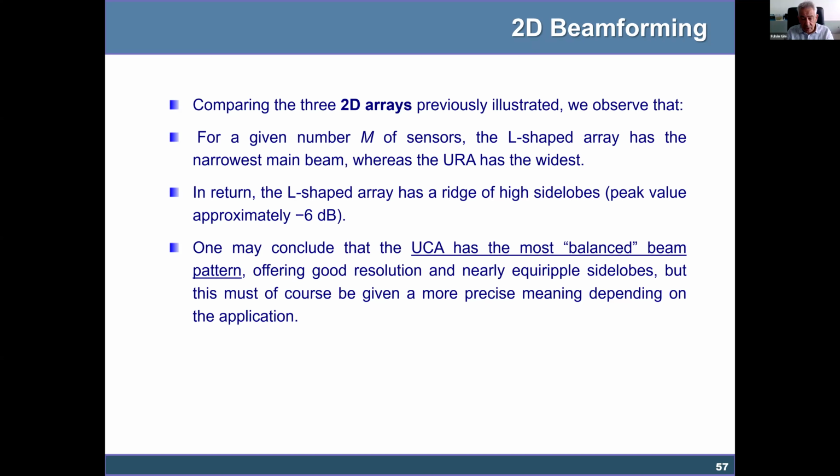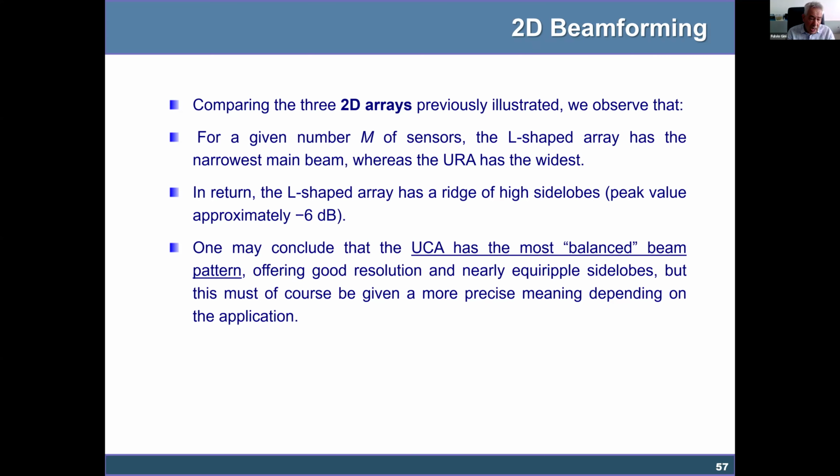The uniform circular array is in between. It is not the best in either side lobes or resolution, but it's not even the worst. So the UCA is, among the three, the one with the most balanced beam pattern, because it has good resolution, even if not the best, and good side lobes, even if not the lowest side lobes.